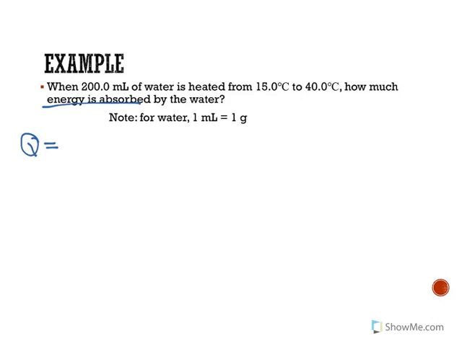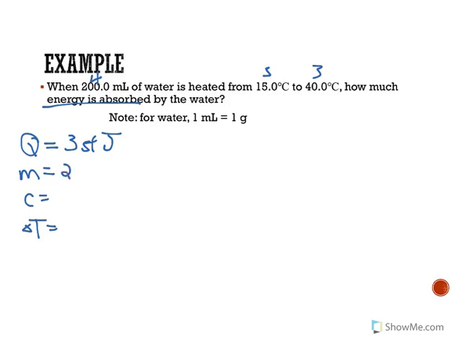And if we look at how many significant figures are in the numbers that are given, we have 4 in our first number, and 3, and 3. So our answer will need to have 3 significant figures and be in units of joules. And if we list the rest of our variables, m, c, delta T, let's try to define these. So it says when 200 milliliters of water, and there's a note, 1 milliliter is equal to 1 gram.